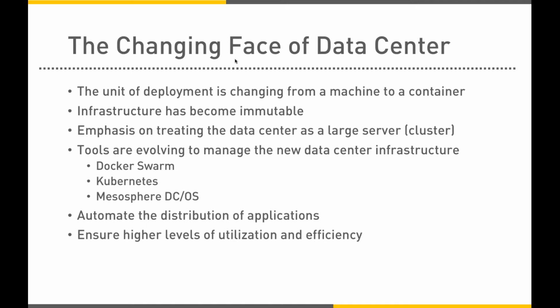So we are not talking about one VM or one physical machine, but a collection of machines and an aggregated pool of resources that will be collectively used. And this is going to result in optimized utilization and better efficiency of your infrastructure.